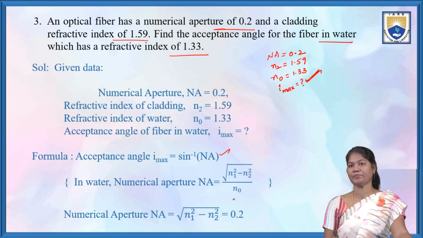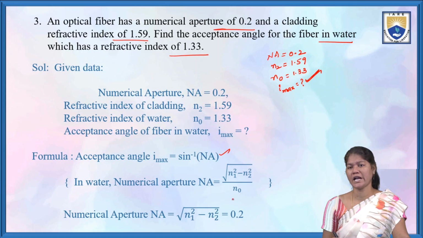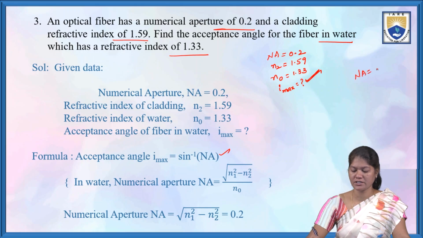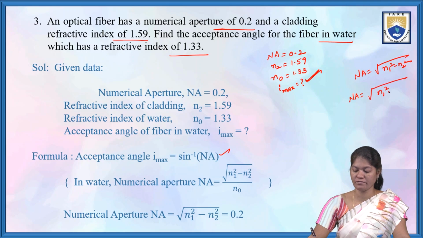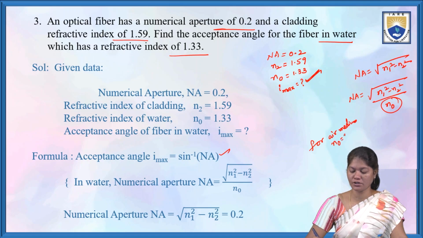When the surrounding medium is air, we usually take NA equal to root of N1 square minus N2 square, because N0 for air is 1.